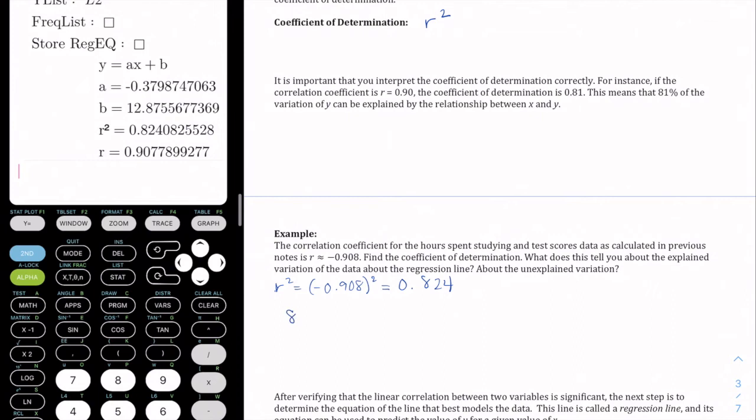So we can say 82.4% of the variation between studying and test scores can be explained.